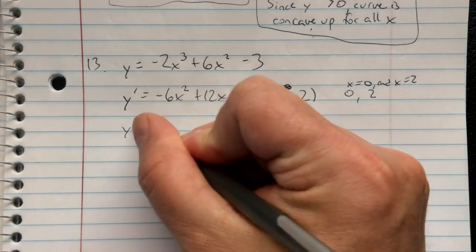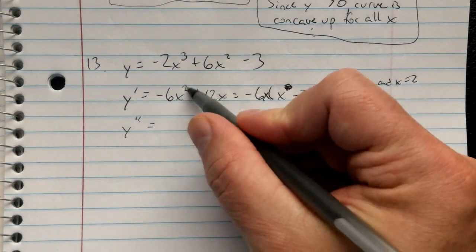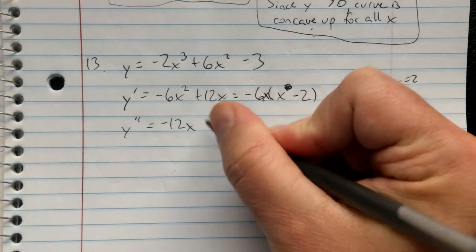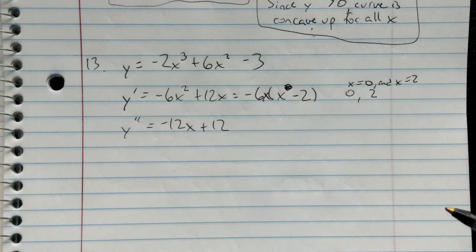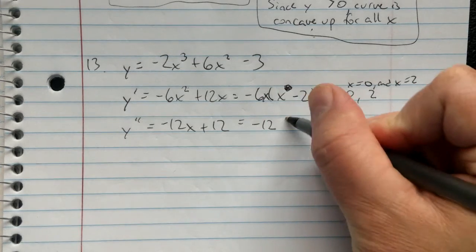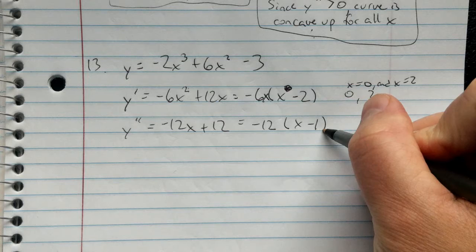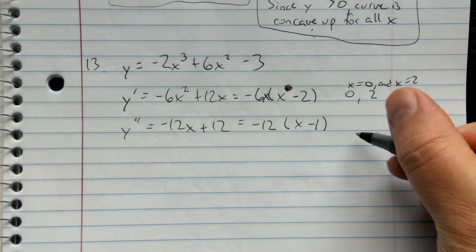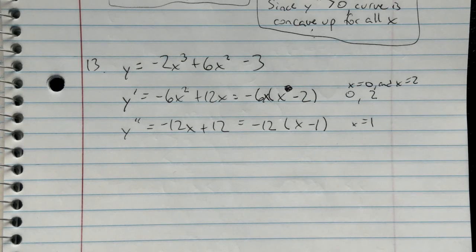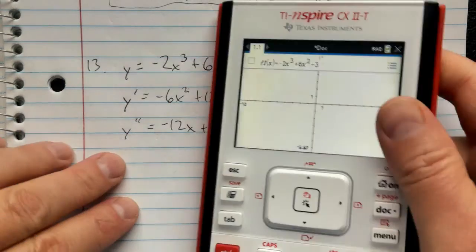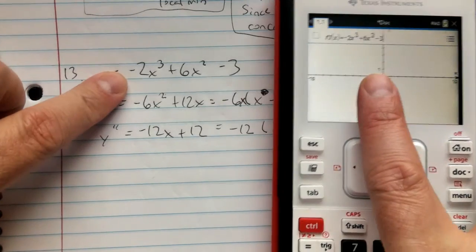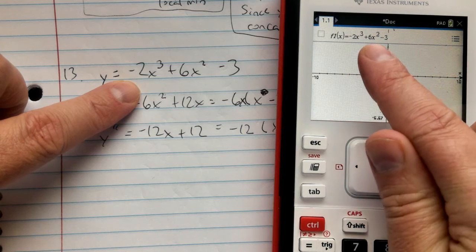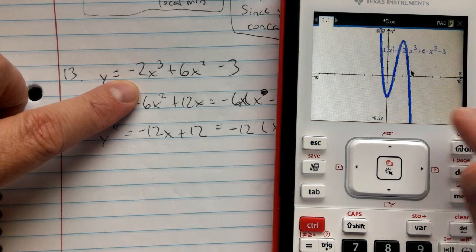Okay, and then for y double prime, you do your negative 6 times 2 is negative 12x, and then plus 12. So this one, when you factor out a negative 12, you get x minus 1, and so that means x equals 1 is important. So now we're going to graph these. The first one, I've graphed negative 2x cubed plus 6x squared minus 3, and it looks like that.